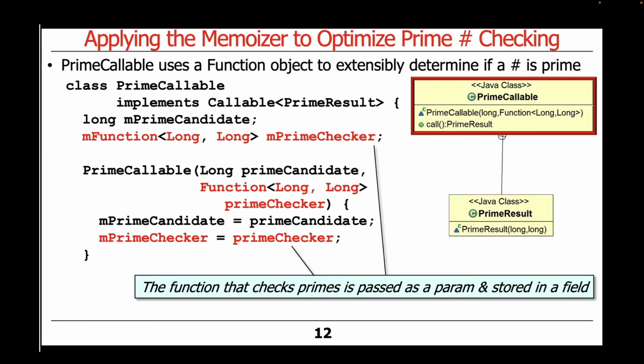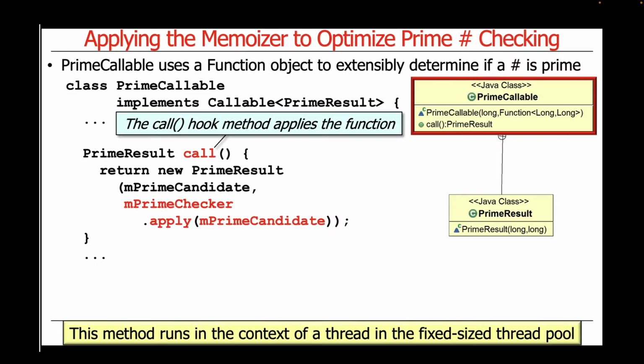It's got a couple of fields here. It's got a prime candidate field and a PrimeChecker function. You can see that the function is passed in as a parameter, and the PrimeChecker checks to see whether a number is prime or not, and it gets stashed away in this field. And here's the hook method.